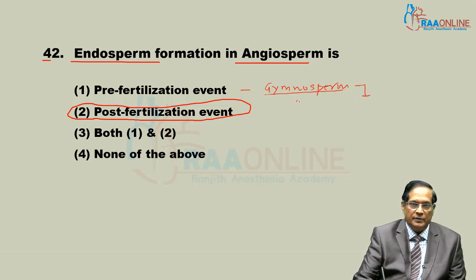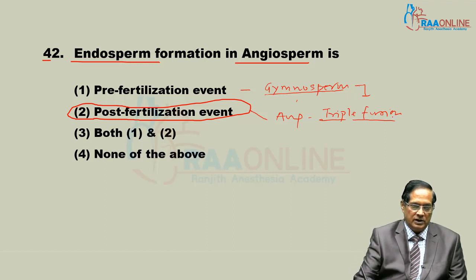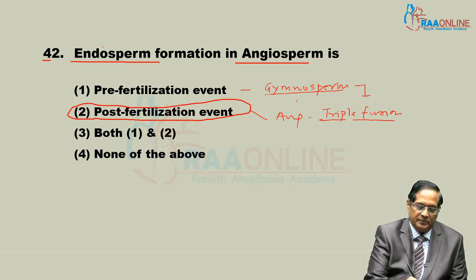It is formed before fertilization in gymnosperm and after fertilization in angiosperm as a result of triple fusion, that is, one male gamete fuses with the two polar nuclei.